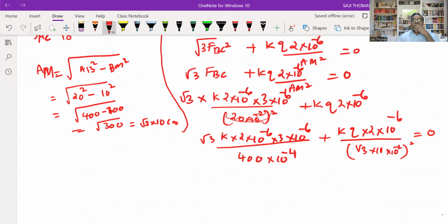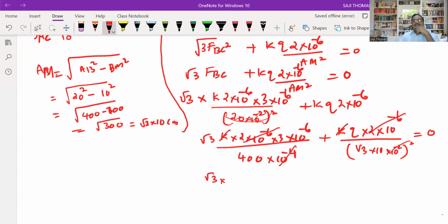Now you can cancel many terms. You can cancel this K, you can cancel 2 into 10 raised to minus 6, and you can cancel 10 raised to minus 4. So what is the remaining?